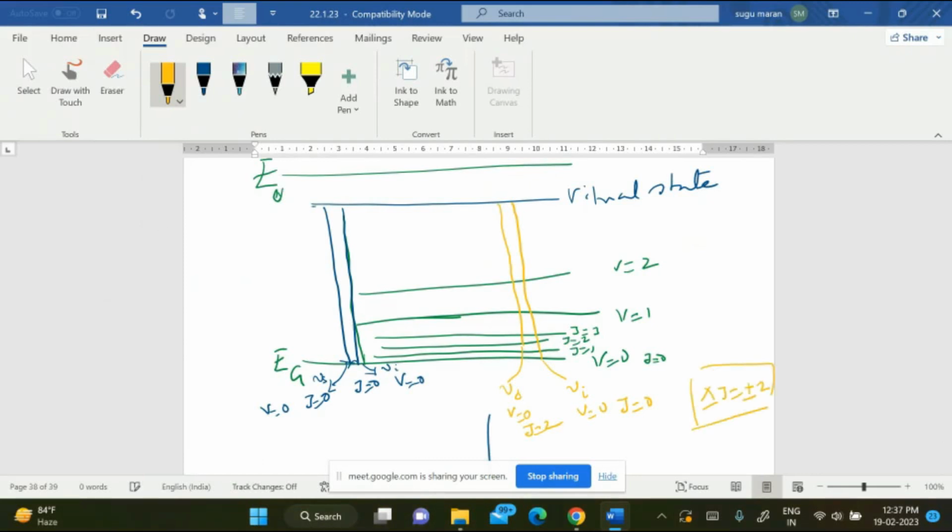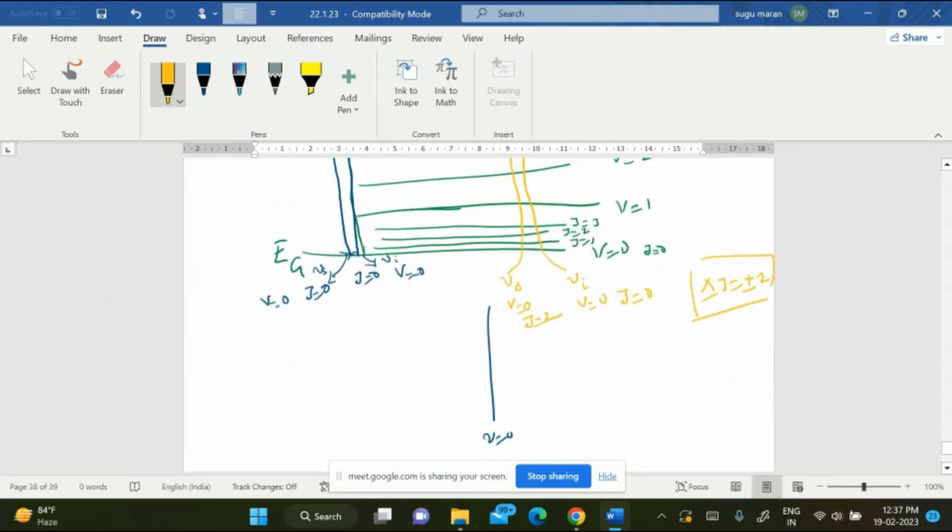This is a selection rule. The energy of the scattered radiation is less than the energy of the incident radiation in the J terms, the rotation energy terms. There is no change in vibration energy. So this will form a Stokes line, because Stokes is always lower than the incident energy.